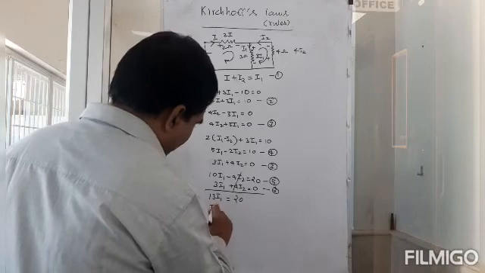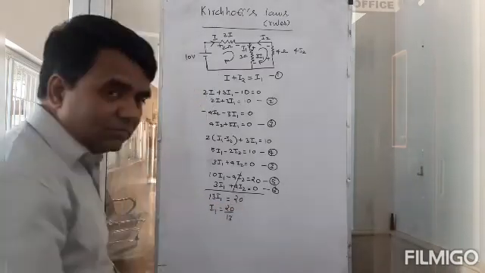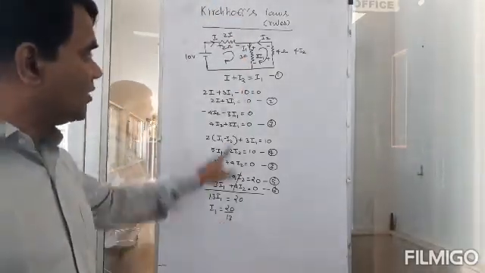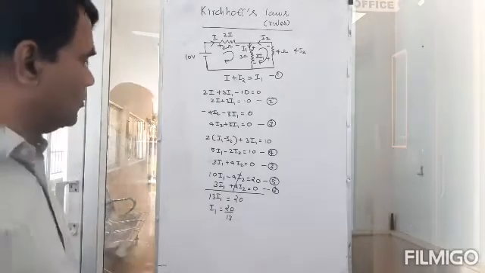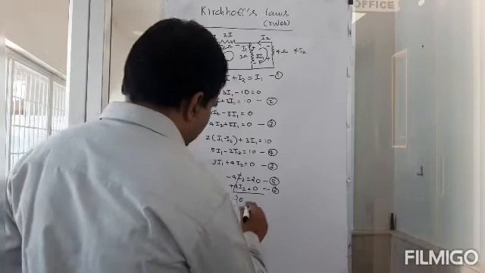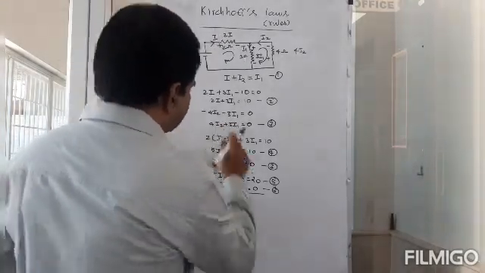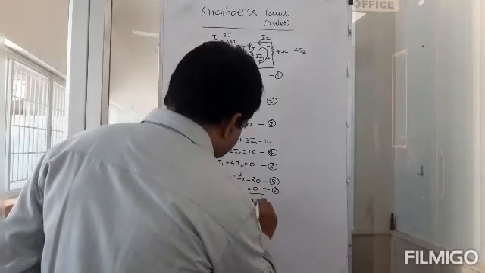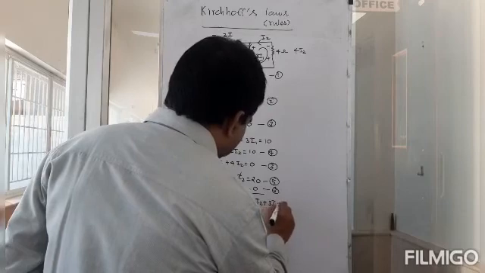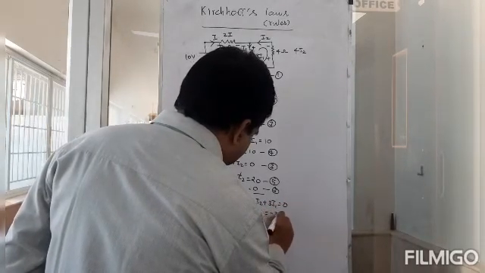So what's my i1? My i1 is 20 by 13. Yeah, as it happened in the previous case. No issues. But what about my i2? My i2 is slightly different now. Let me take this equation. 4i2 plus 3i1 is equal to 0, meaning 4i2 is equal to minus 3i1.